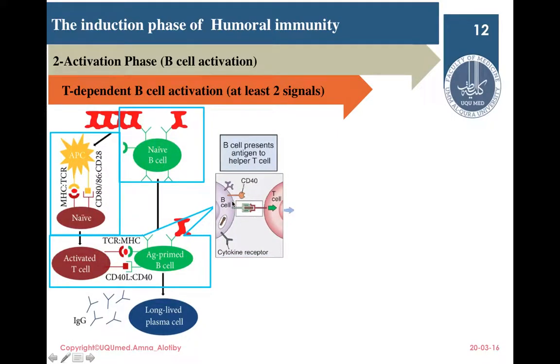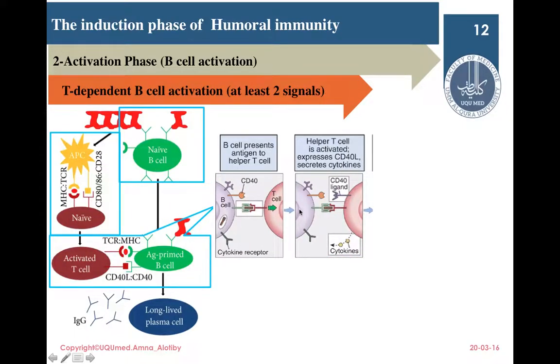Now you can see this in detail: the B cell has taken the antigen and presented it through MHC class 2 to the T cell. In the next phase, the helper T cell is activated, CD40 ligand is expressed by the T cell, and it is going to bind to the CD40 receptor on the B cell.